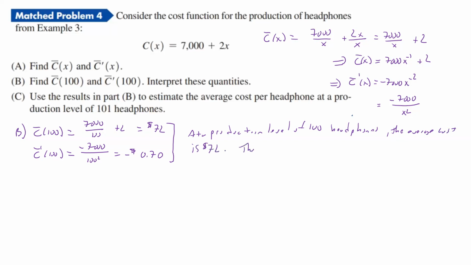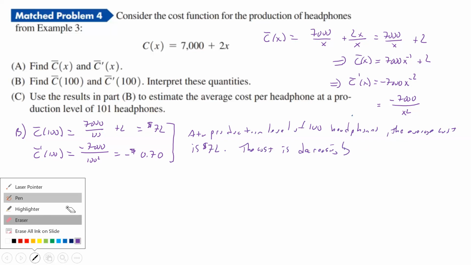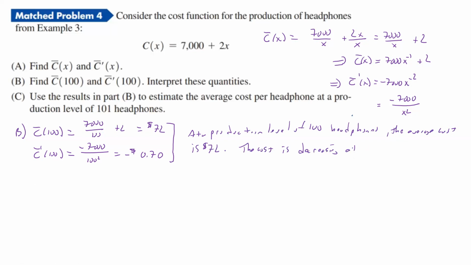The cost is decreasing, due to that negative, at a rate of 0.70 per headphone. Okay, so that's what those two numbers mean.